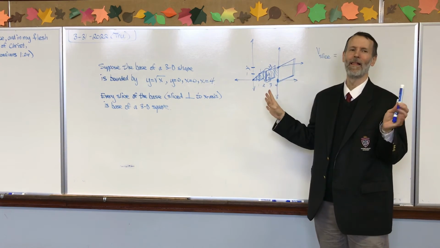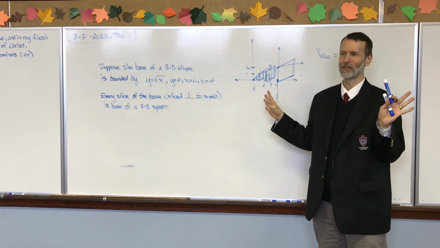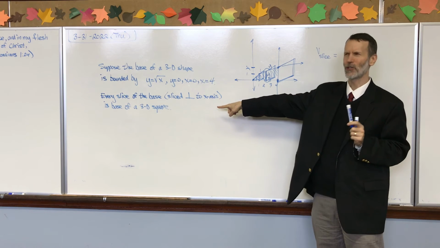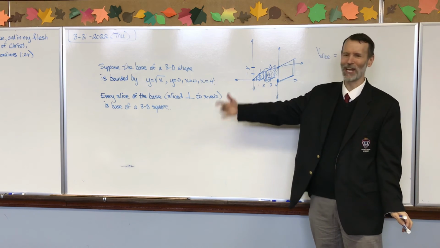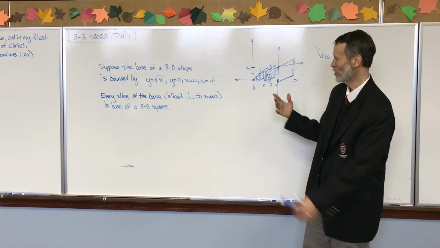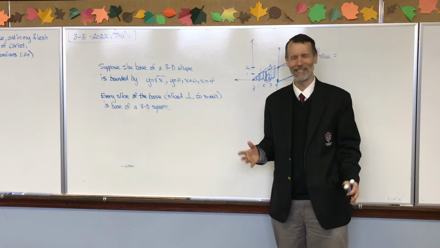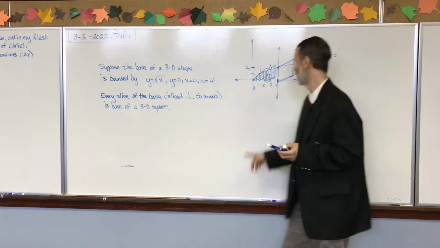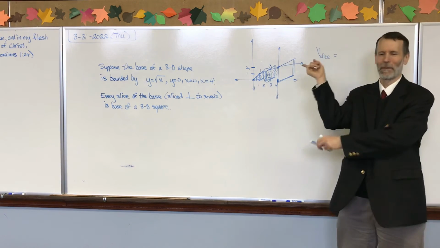By the way, everybody look up here, don't lose this. I could make it a different shape. A slice of a different shape. In other words, I didn't have to make them squares. I could have made them triangles.